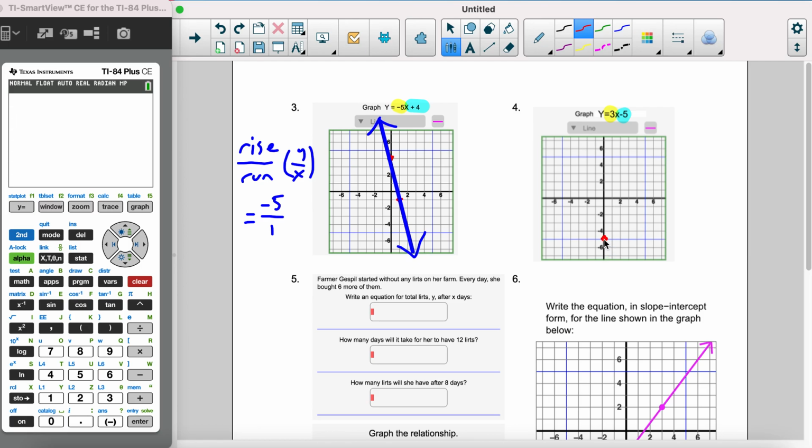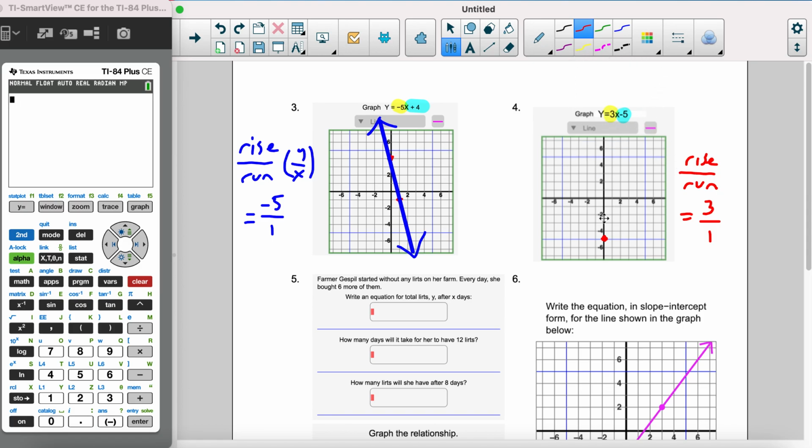And again, I'm going to make this point nice and big so we can see it. And then in this case, my rise over run, that's my slope, is equal to 3. And again, I can make that a fraction by just putting a 1 underneath it, right? So my change in y is on top, and my change in x is on the bottom. So to find my next point, in this case, I want to go up in the y direction.